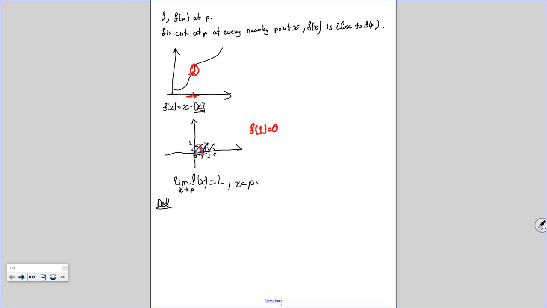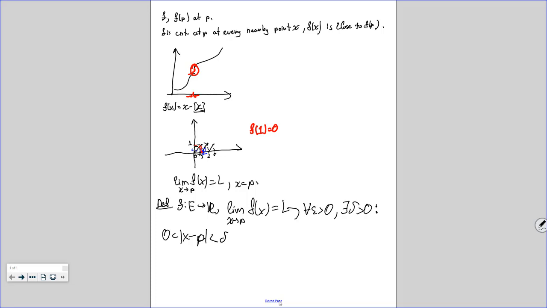Now let's define what we mean by functional limit. The definition is the following. Suppose we have some function with domain E and codomain R, and we write that the limit as x goes to p of f(x) is equal to L if for all epsilon greater than 0 there exists some delta greater than 0 such that whenever the distance of x and p is less than delta, it follows that the distance between f(x) and the limit point is less than epsilon.